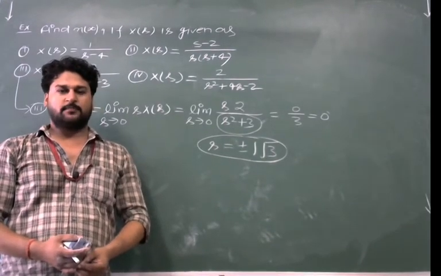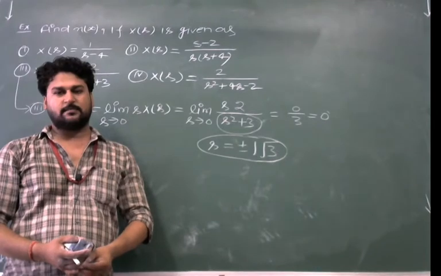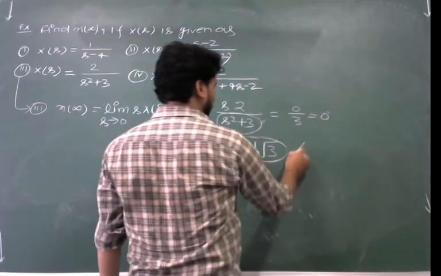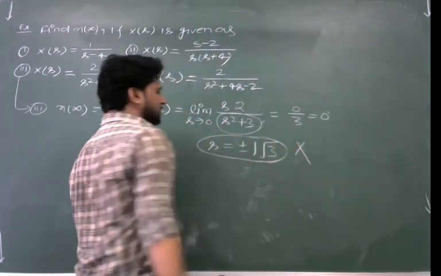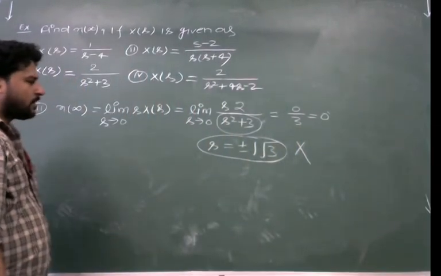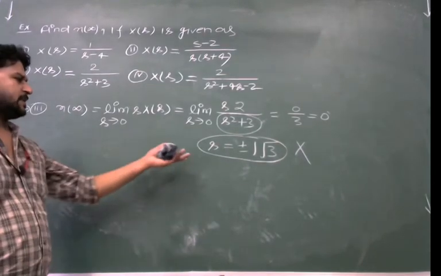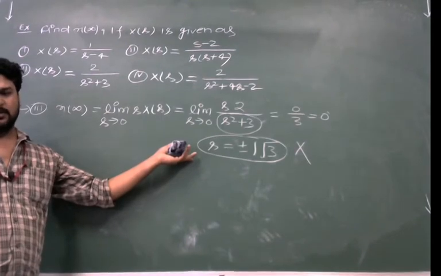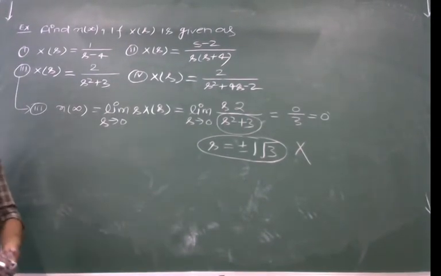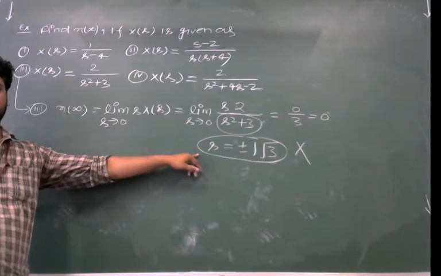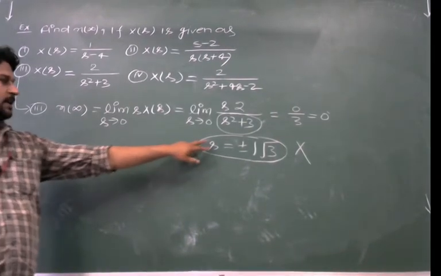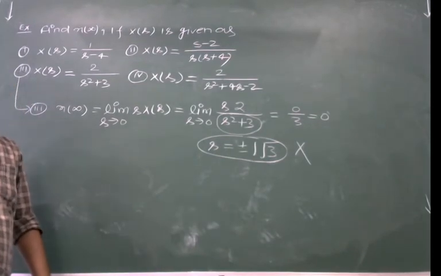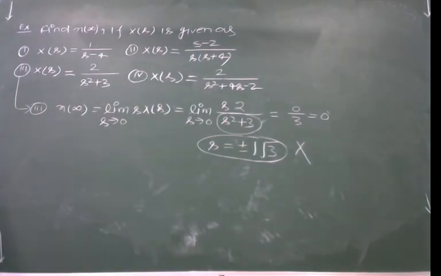In the signal system point of view, the given system will be unstable, and we cannot find the final value for this given system because poles are lying on the j omega axis, so there is no concept of the final value of this system. This system will not settle at any final value because poles are imaginary. It will keep oscillating and it will not get settled at any final value.